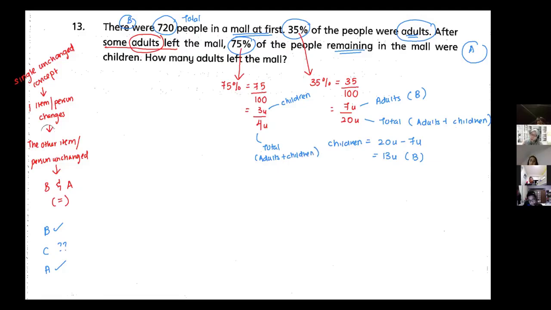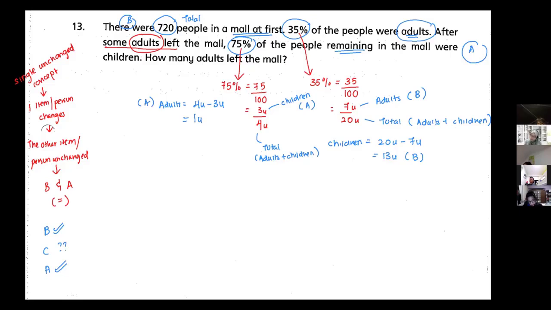So if I have my total adults and children, which is 4 units, and my children is 3 units, so my adults is 4 units minus 3 units equals to 1 unit. And this is actually my after information. So I have my before and I have my after, like what we have just now. I have all this information already.